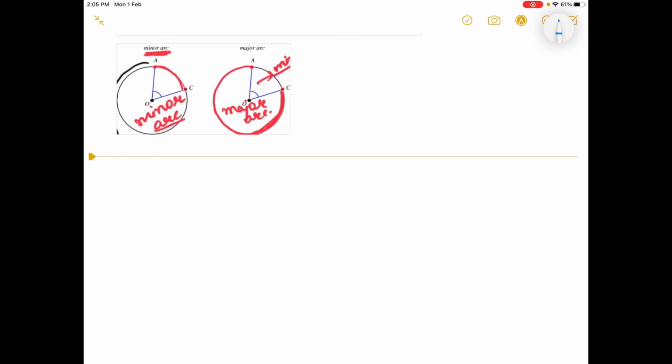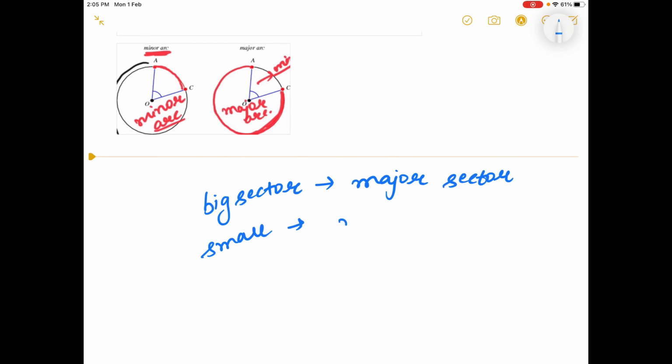The big area of the circle will be called the major sector, and the smaller portion will be called the minor sector. You have to keep these words in your mind in order to solve the questions.